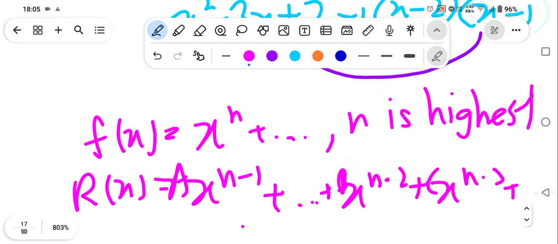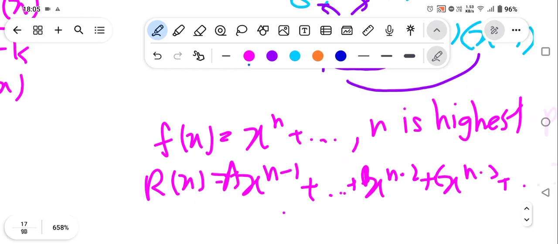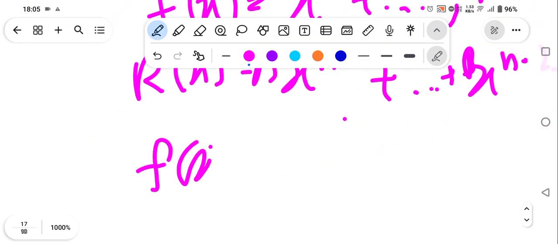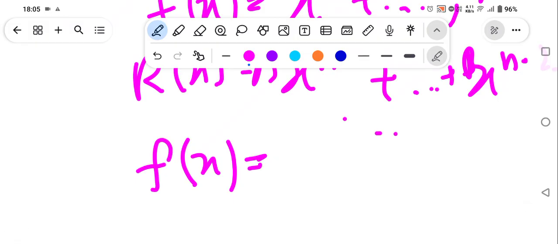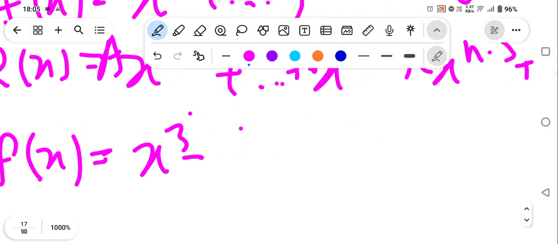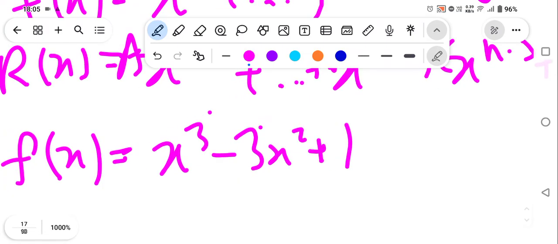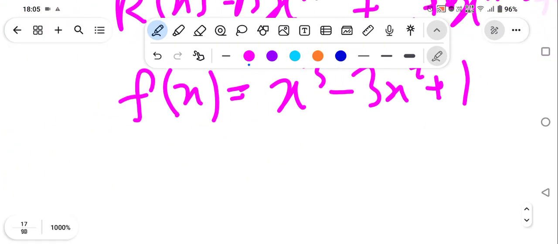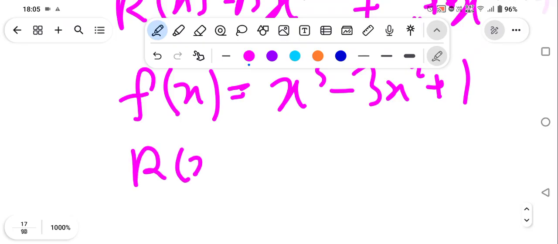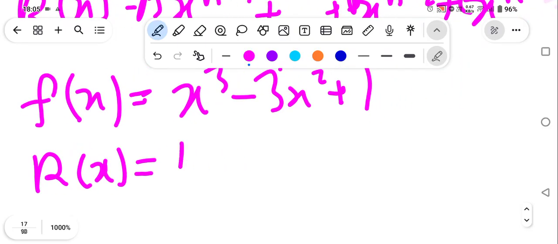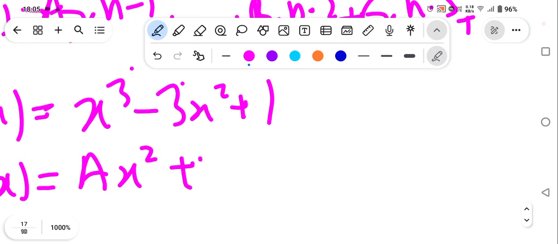So for example, you have f(x) of x cubed minus 3x squared plus 1. So what's the highest power of the remainder? The remainder will be in terms of ax squared plus bx plus c. Why?